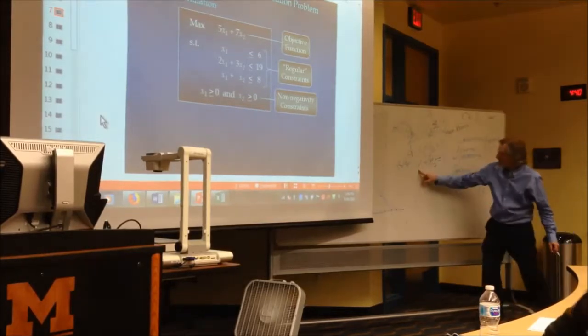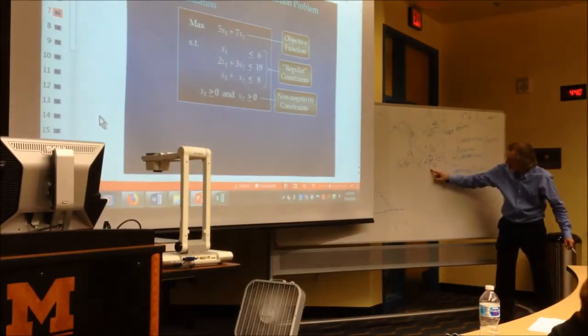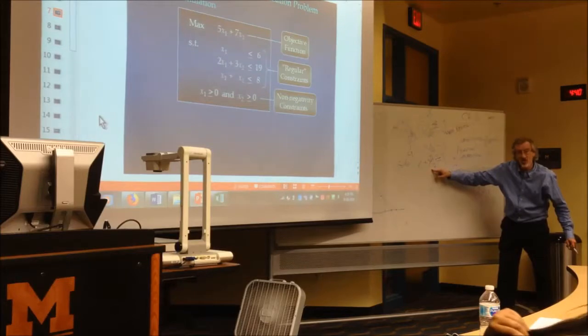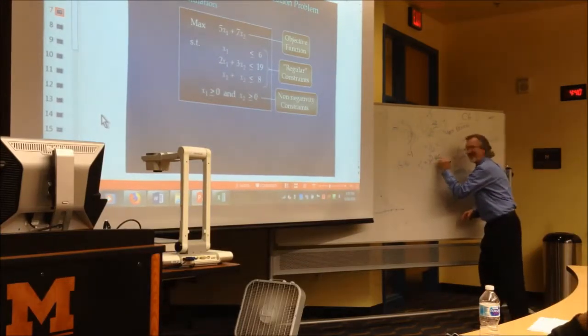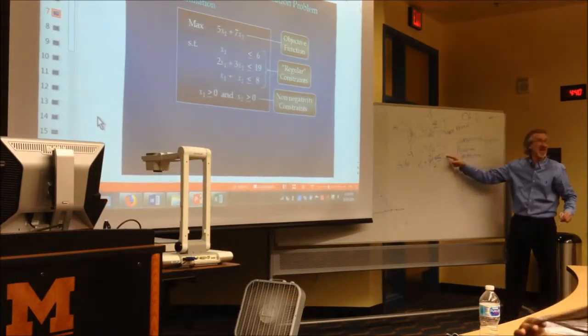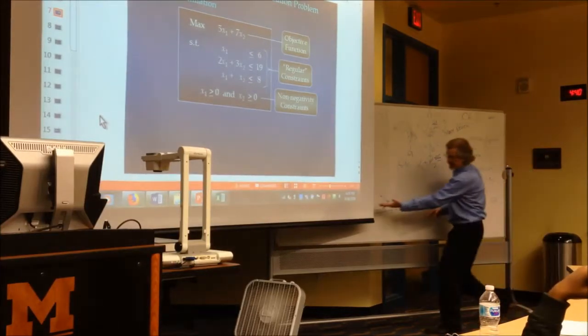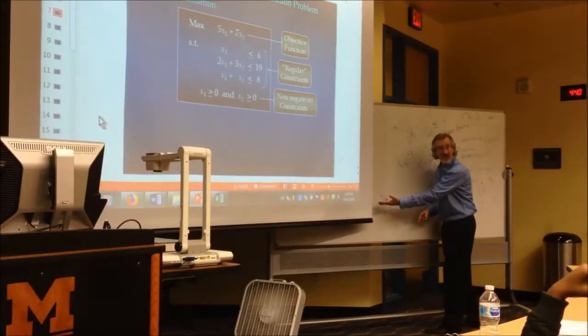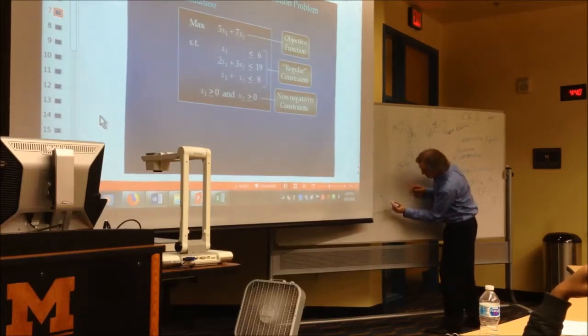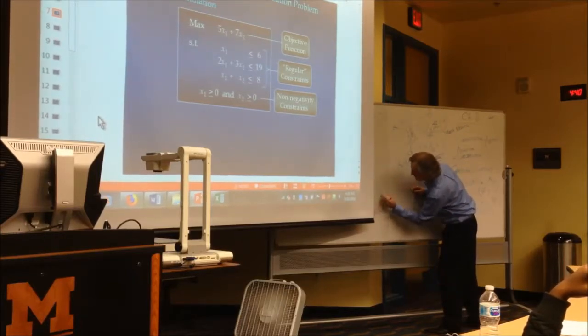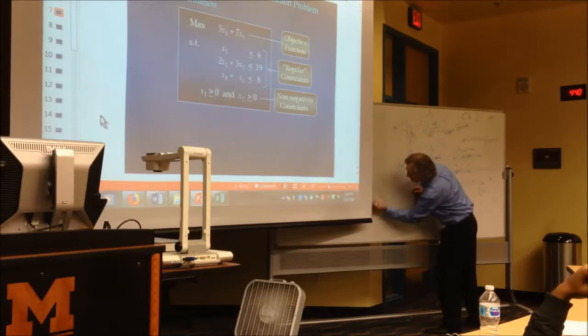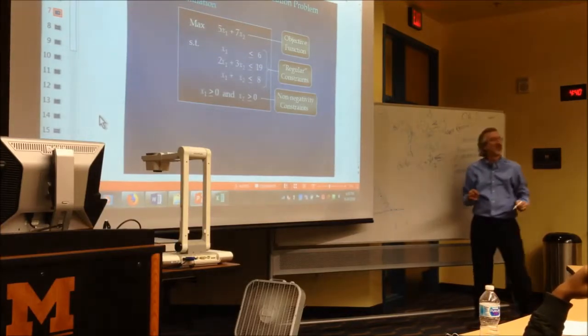If I plug in a 1 here, and I plug in a 1 there, 1 plus 1 is 2. Uh-oh. Is 2 less than or equal to 8? Yes or no? Yes. That tells me that's the direction I should be shading. I don't have to worry about the other direction. So now that line, I'm shading this way. There we go, the same direction.